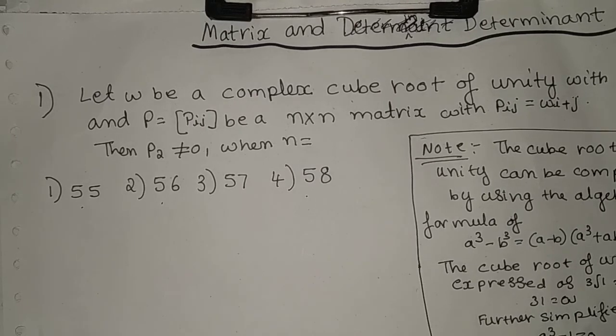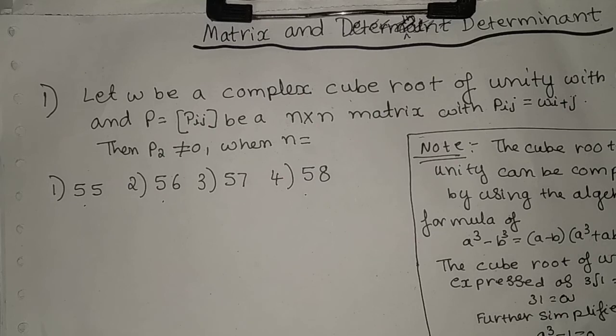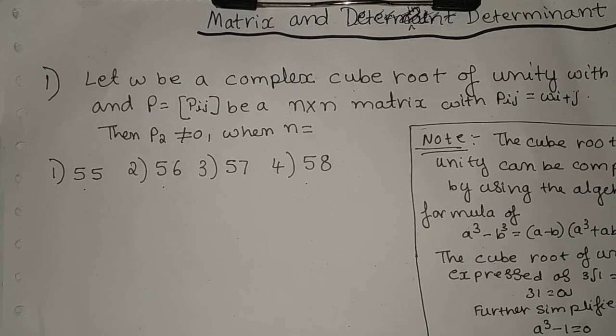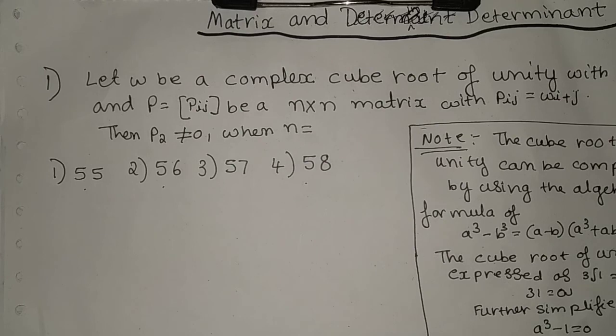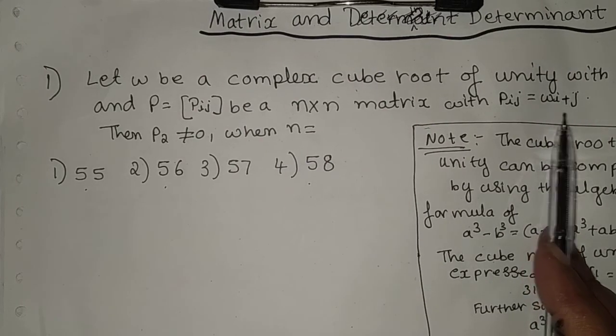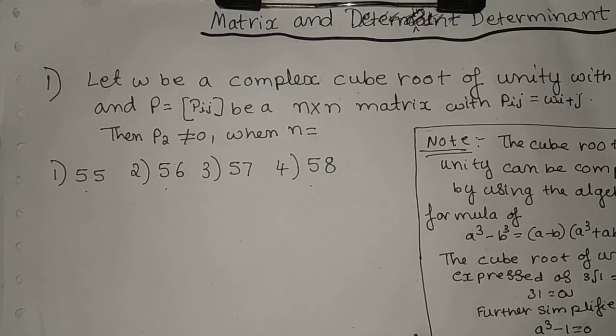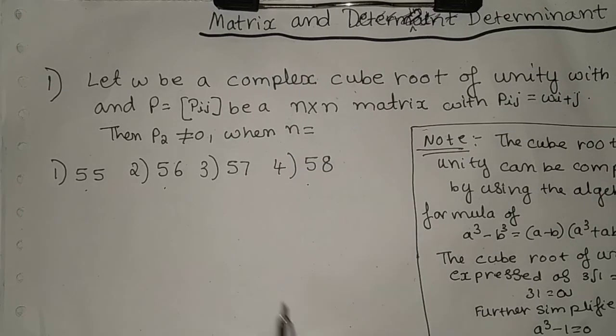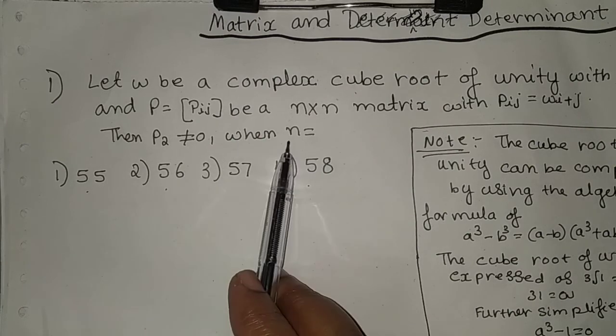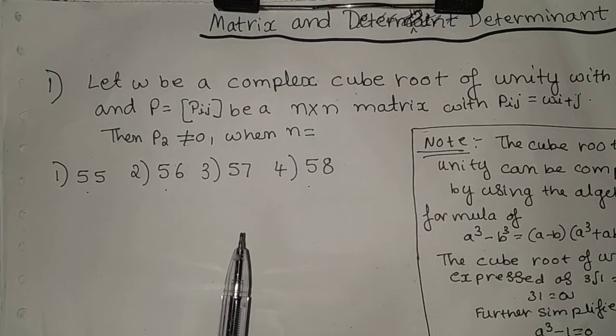Next few questions. Here the first question is: let w be a complex cube root of unity with w not equal to 1, and P, that is P_ij, row and column, be an n cross n matrix with P_ij equal to w^(i+j). Then P² is not equal to 0 when n is equal to what?